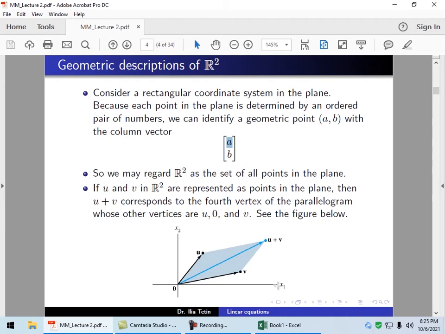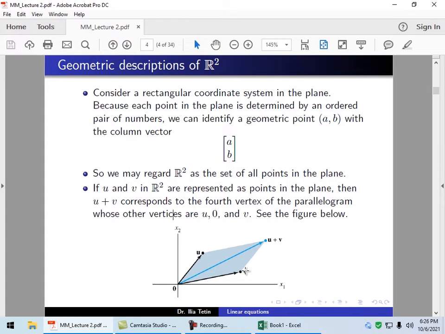It has coordinate a, which corresponds to the first abscissa coordinate, and it has the second one, b, which corresponds to this one, x2. So if, let's say, v is 2 and 1, v will be expressed with this vector.